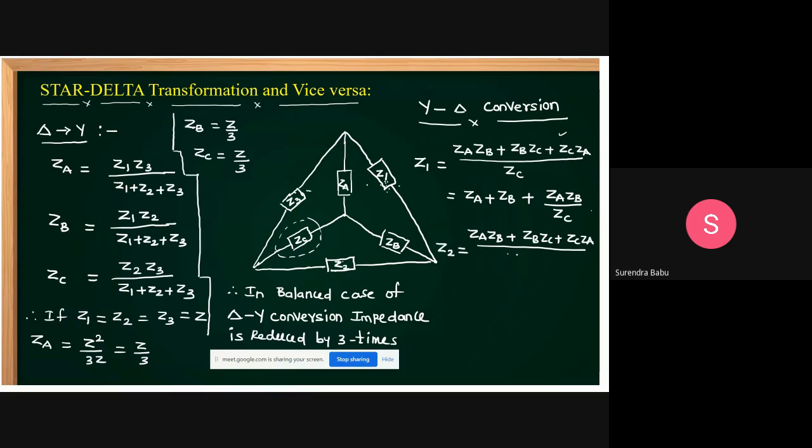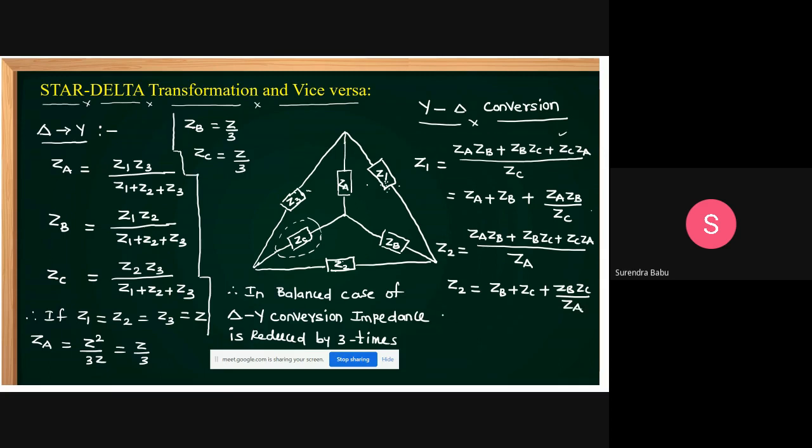No need to learn the formula by heart in star delta conversion. If you simplify this one, dividing with ZA, what can you get? ZB plus ZC plus ZB into ZC by ZA. Is that correct?